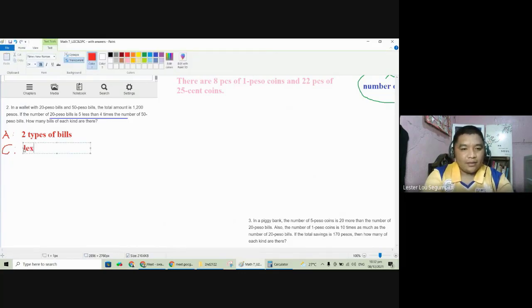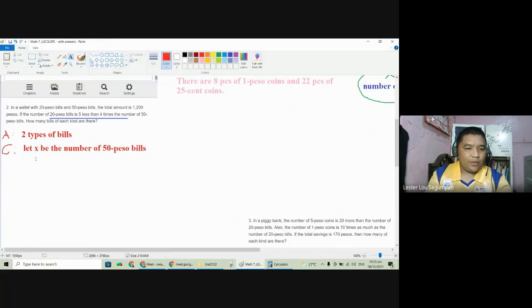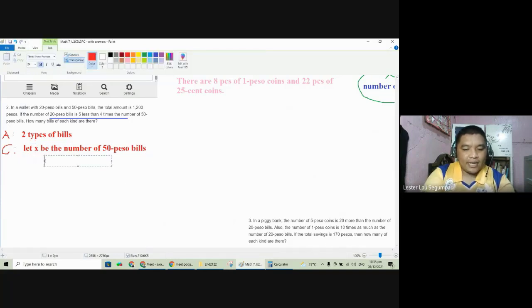So let X be the number of 50 peso bills. With that, we could decide what would be the number of 20 peso bills.